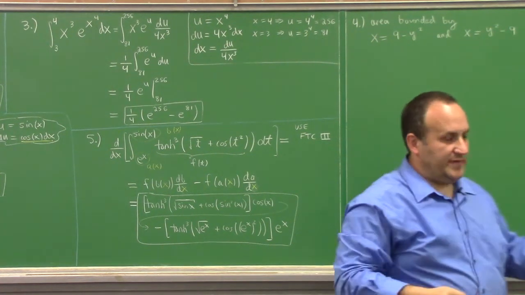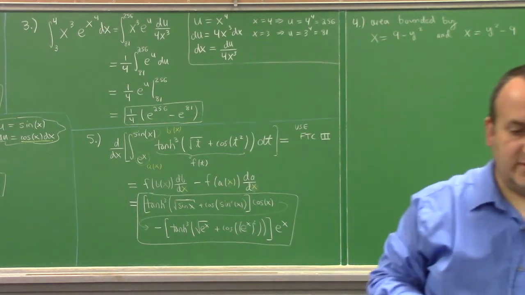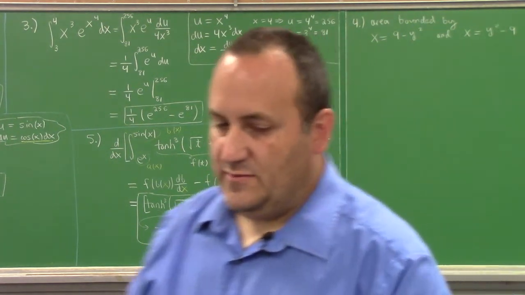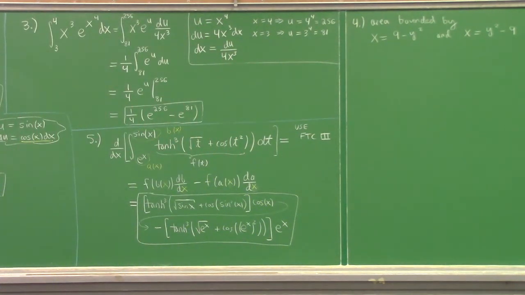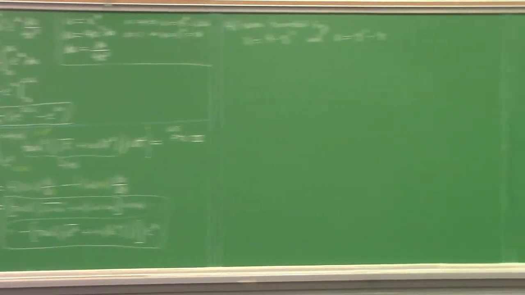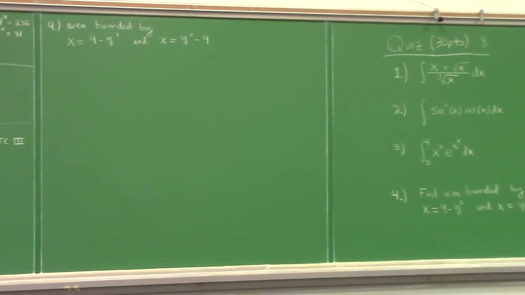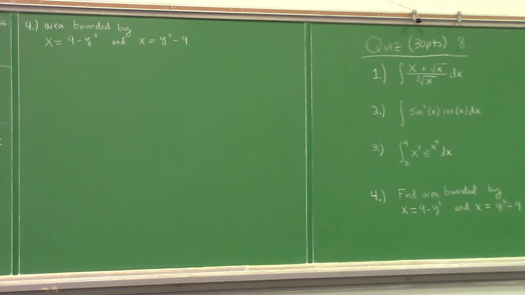Now, if this was a problem on the test, I would also include another sentence, like: please include a picture of the area you're calculating and indicate your typical approximating rectangle, or your typical infinitesimal rectangle.